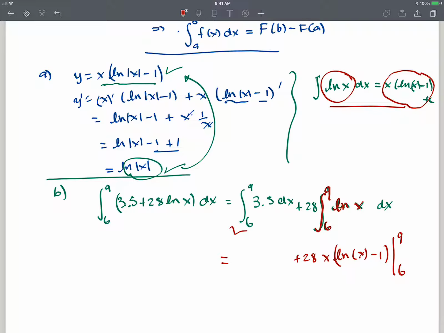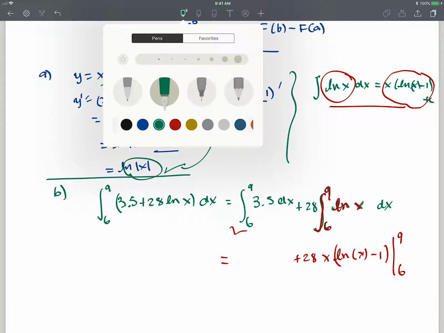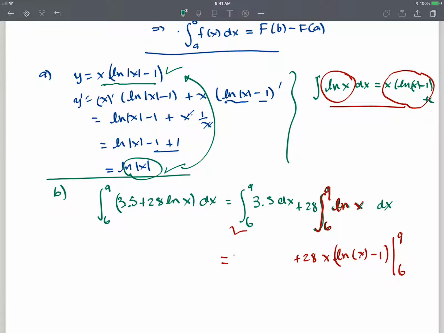This part is what I had before, and of course this is really easy: 3.5x from 6 to 9. I did this before, and you just plug in the 9 and the 6, and you get the answer that this problem had.